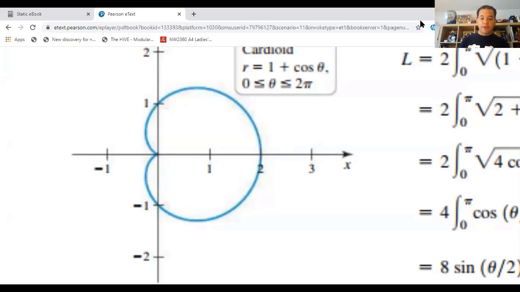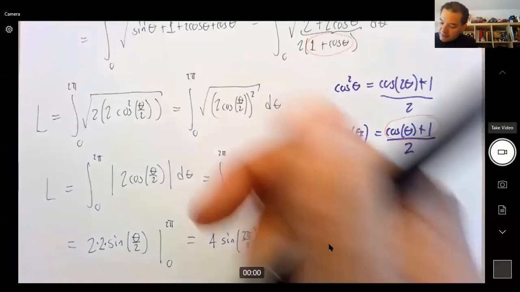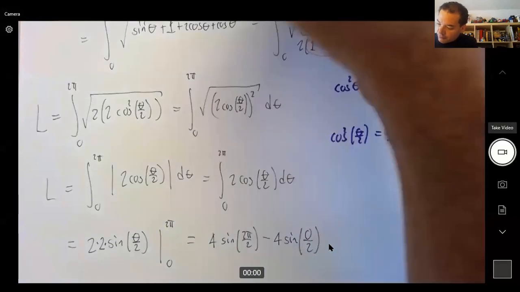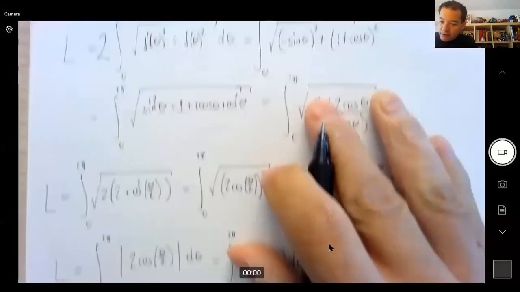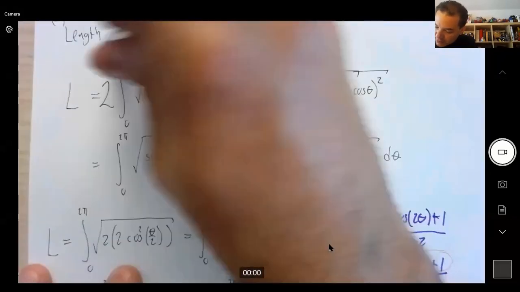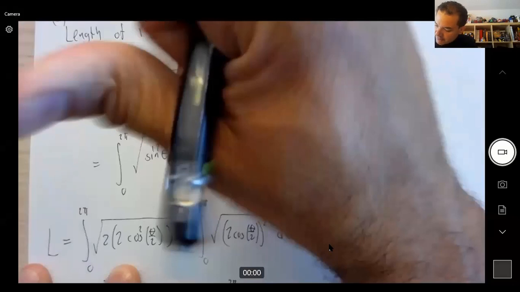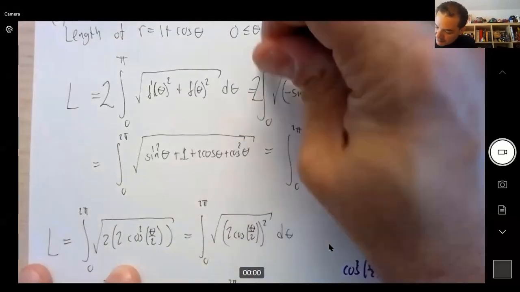Let me go back to the page. So let's use symmetry. And so by symmetry, really the one we want is from the very top, we want to put 2 times and do it all the way to pi. So it will be 2 here and a pi here.